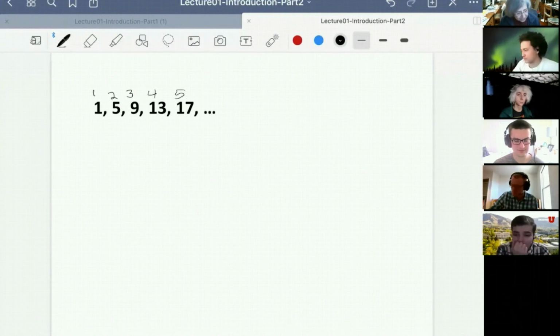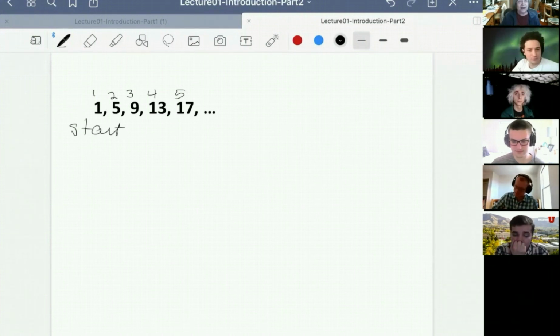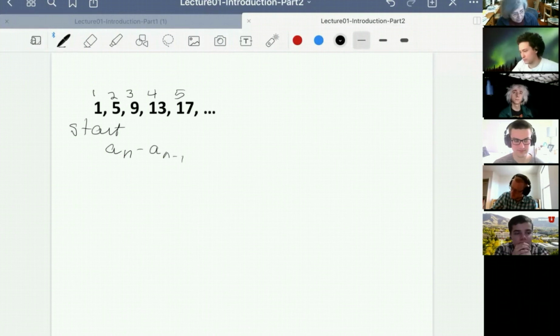So we can look at that, and you can do this at home. Let's get a start on it. What's the difference between A sub n and A sub n minus 1? Look at each of these and tell me what the difference is.